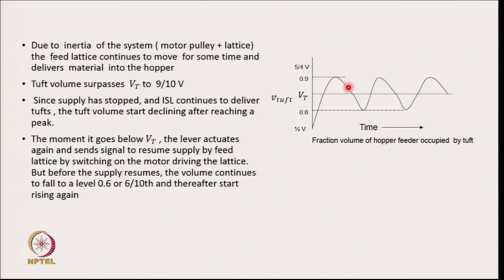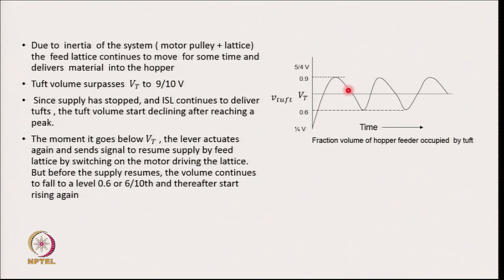So, here also because of inertia, now the spike lattice is delivering material, and by the time the sensor is going to sense the material and send a signal, some more material will be removed from the bin.